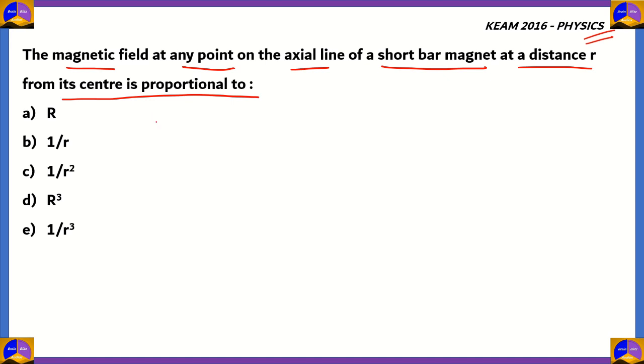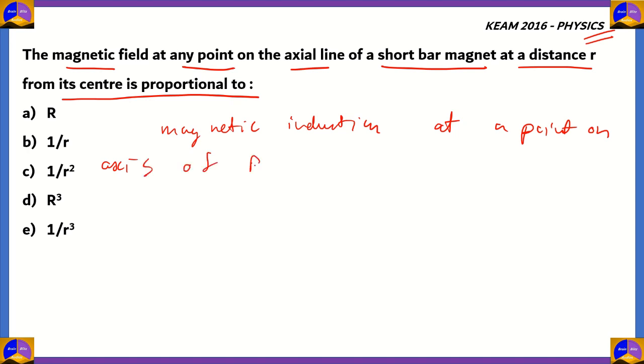So this question requires us to know the formula for magnetic induction at a point on the axis of a bar magnet at a distance r.